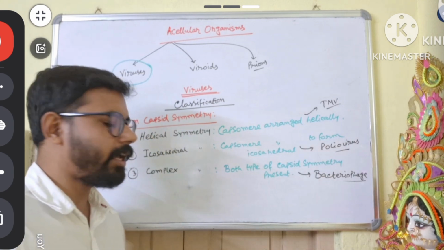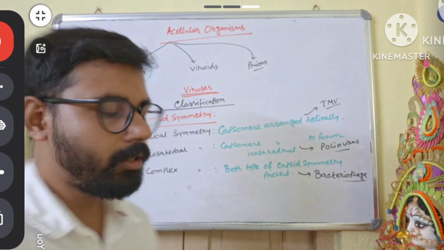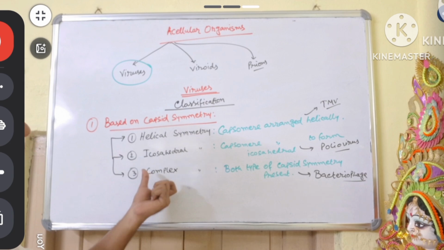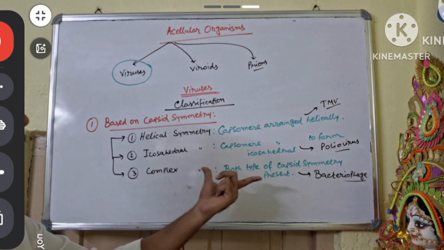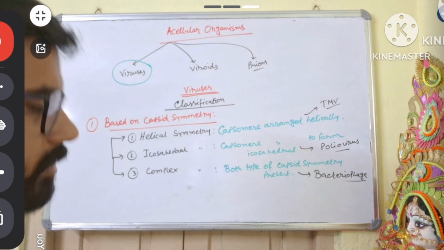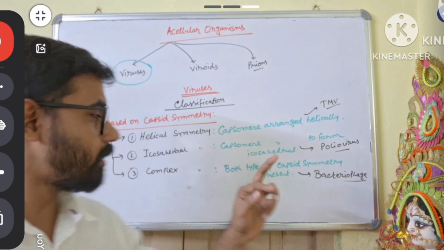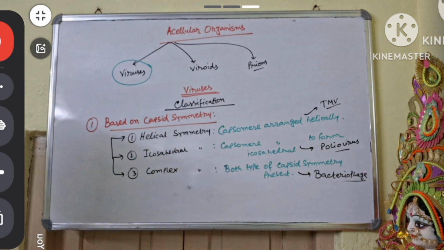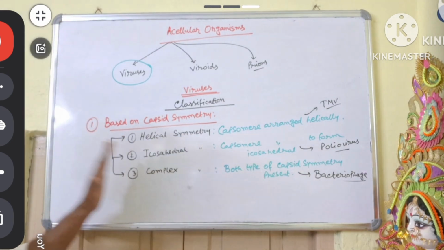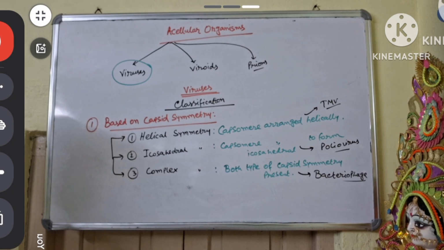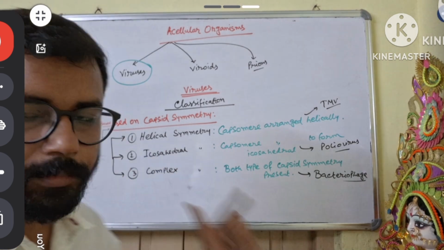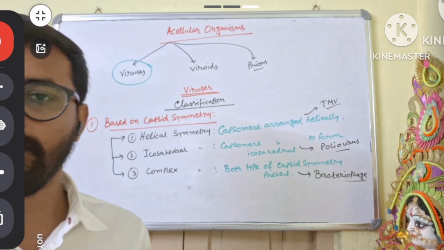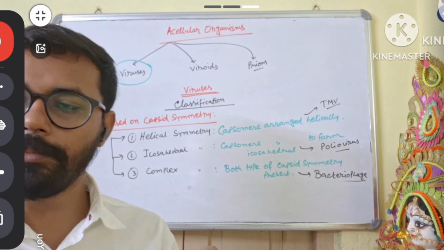In the next section we describe the bacteriophage structure, and you will see how the complex symmetry is formed, because the bacteriophage body contains both helical and icosahedral symmetry. So that is type number one, based on capsid symmetry. Clear, online students? Yes, sir.